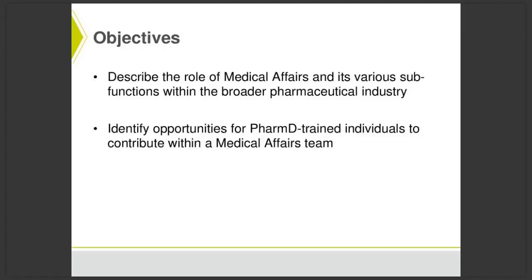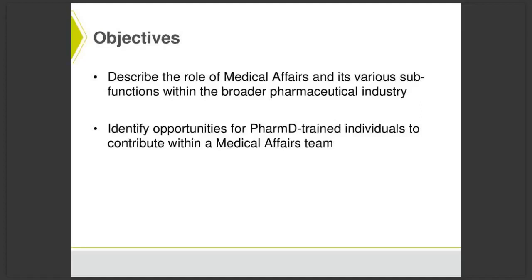And so the other objective is to identify, and this is probably very important for y'all who are either in the process of going through rotations and maybe even rotating out of a pharmaceutical company, but maybe those who are just trying to get to learn a little bit more about industry, is seeing potential areas where PharmD trained individuals can contribute to a medical affairs team.